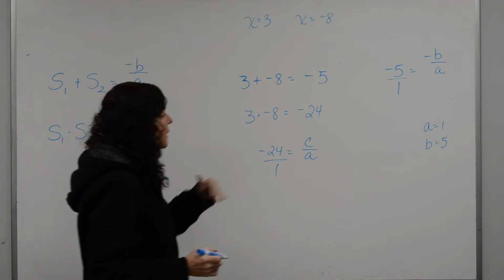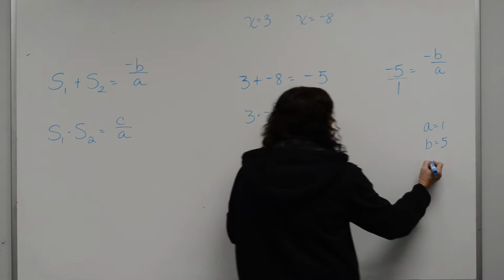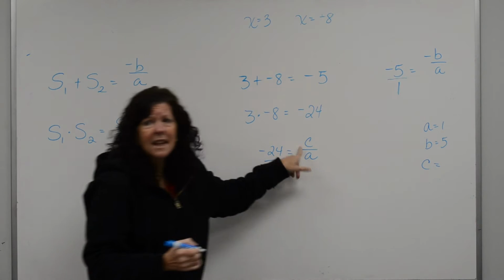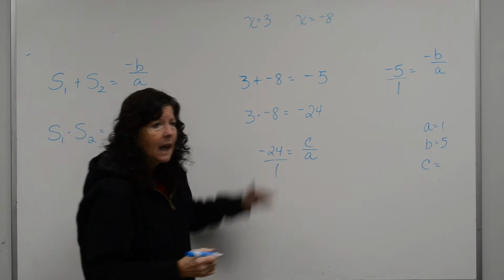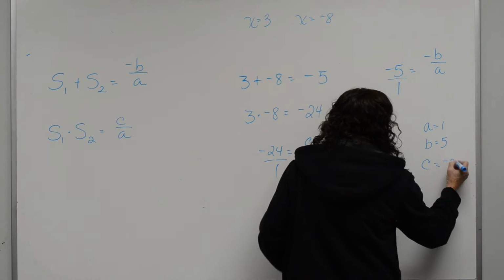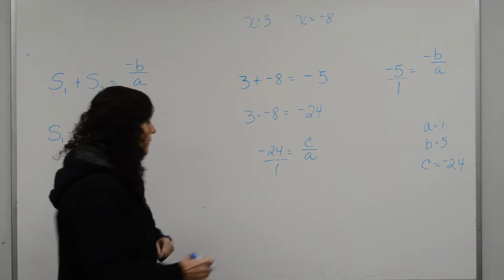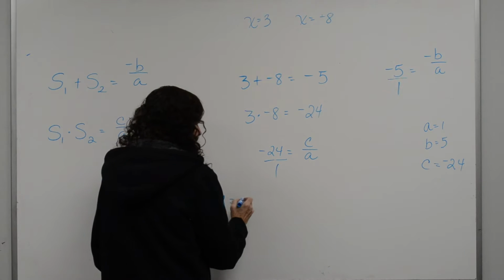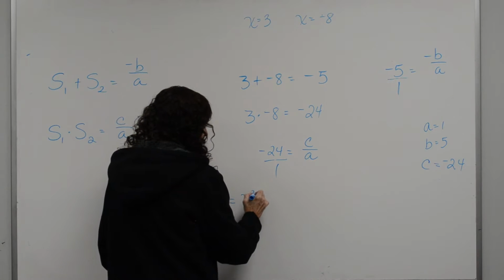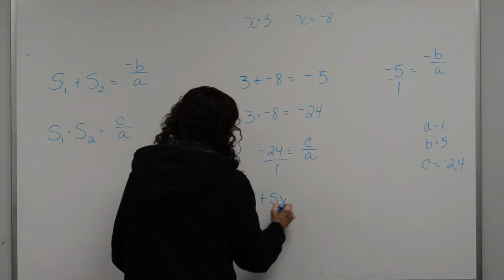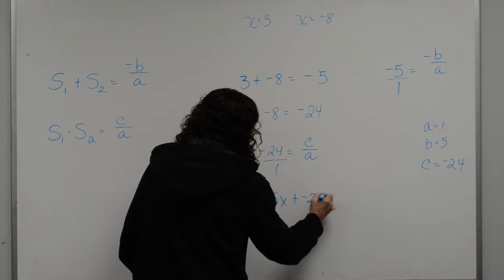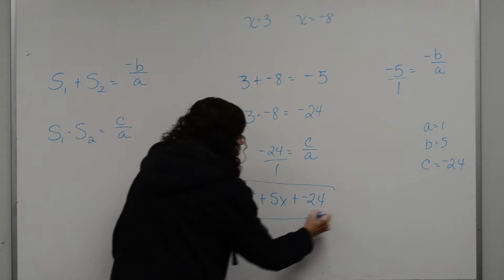We'll get there later. My c value doesn't say negative c, so it's exactly what I have here. So my c is negative 24. Therefore, y is equal to 1x squared plus 5x plus negative 24. There's my equation.